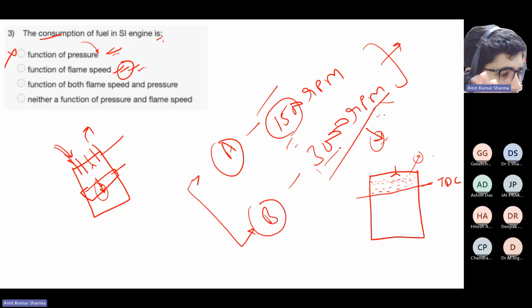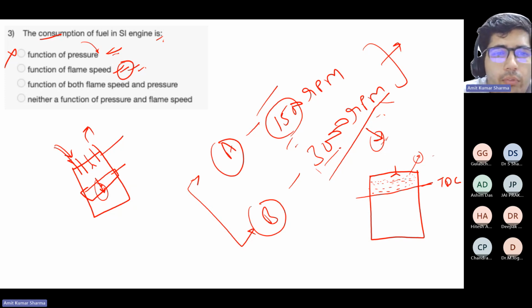I'm a little bit confused. So you mean to say in the power stroke, both ports will be closed, right? Yes. At that time the energy will be stored in the flywheel.